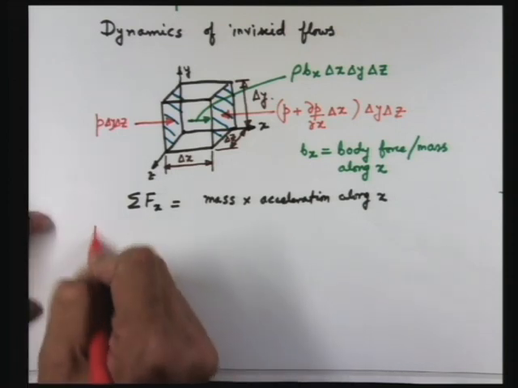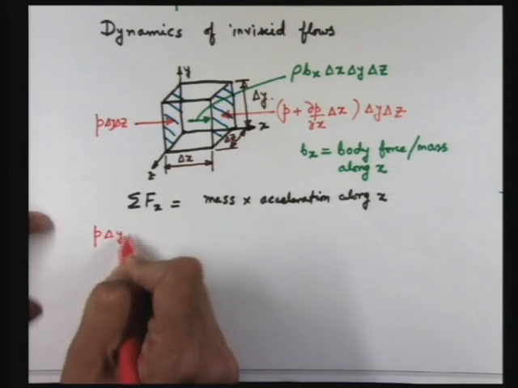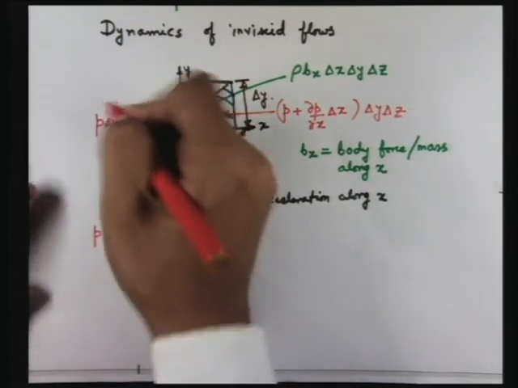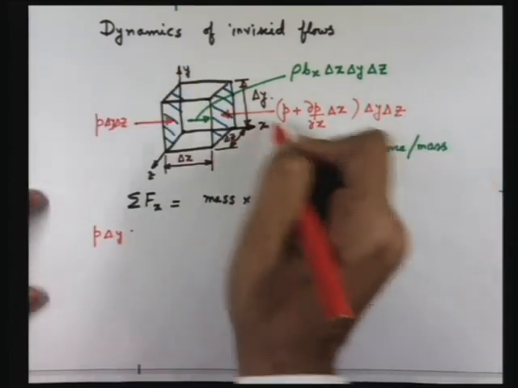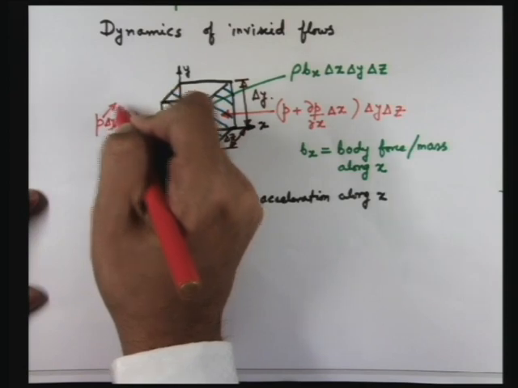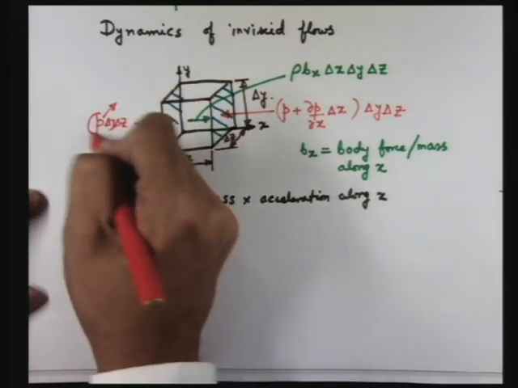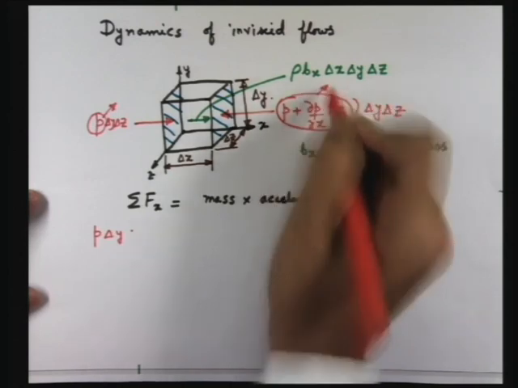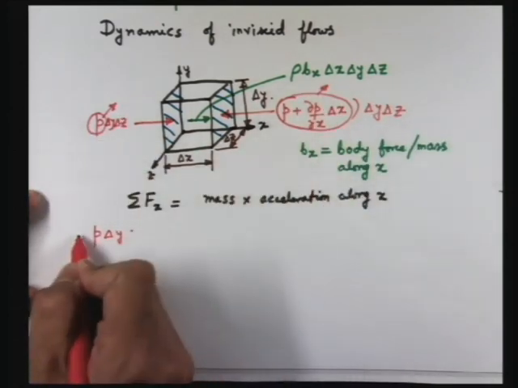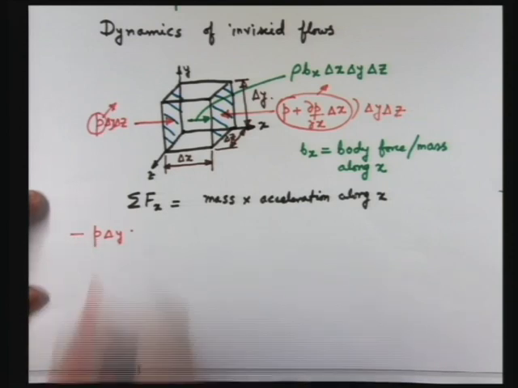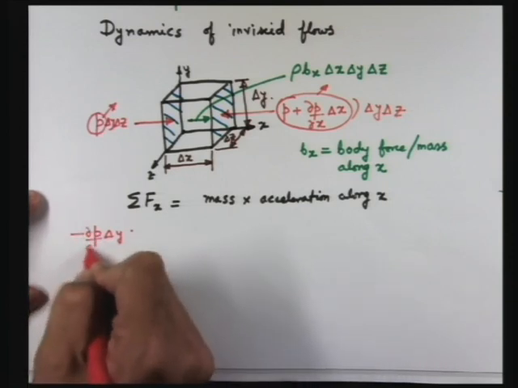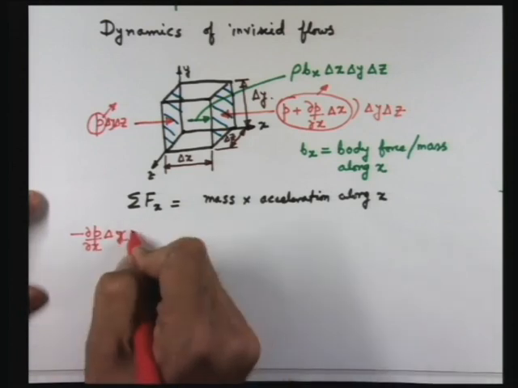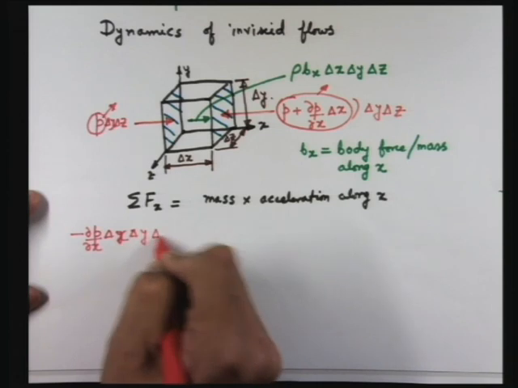So P into delta y, okay, there is one thing here, here you have P and here you have P plus del P del x into delta x, so when you subtract these two, it will become minus of del P del x into delta x and then into delta y into delta z.